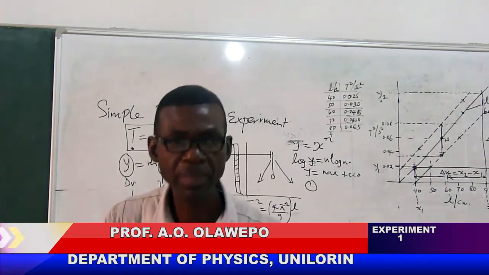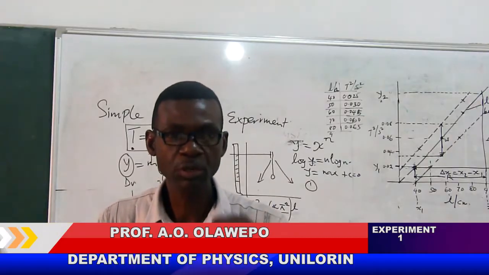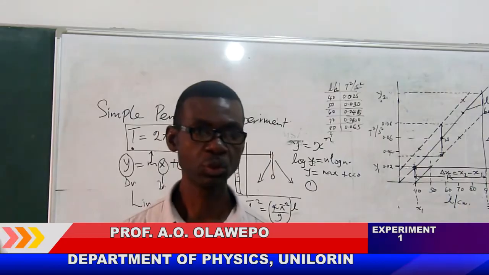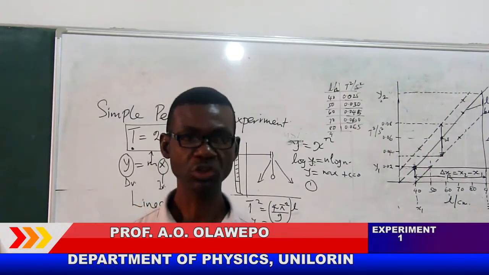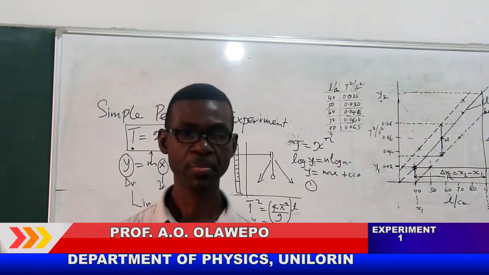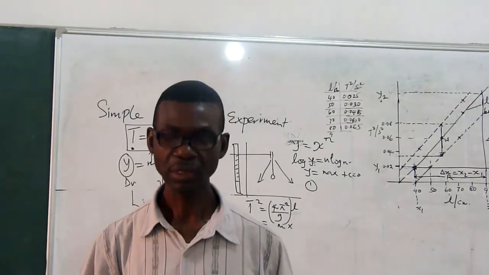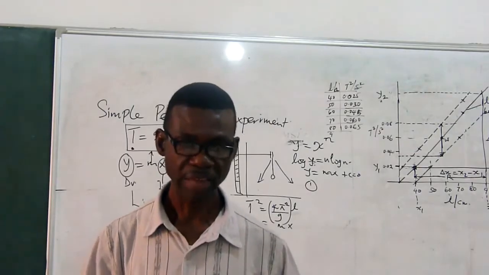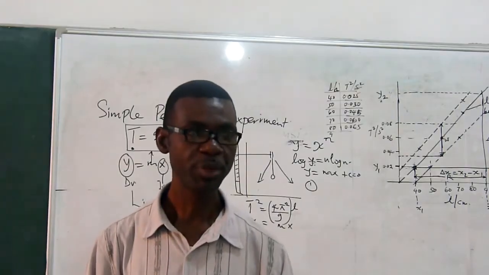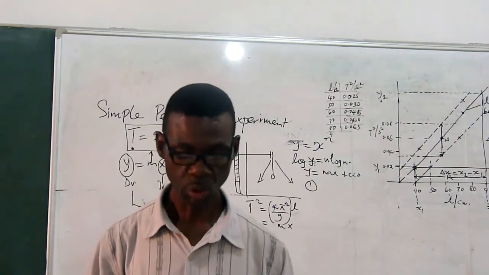The theoretical basis of the simple pendulum experiment is simple harmonic motion. So, what is our aim? An aim may be, for example, determination of the acceleration due to gravity. That's an aim. The title of the experiment will be simple pendulum, but the aim will be determination of acceleration due to gravity. So there must always be an aim.